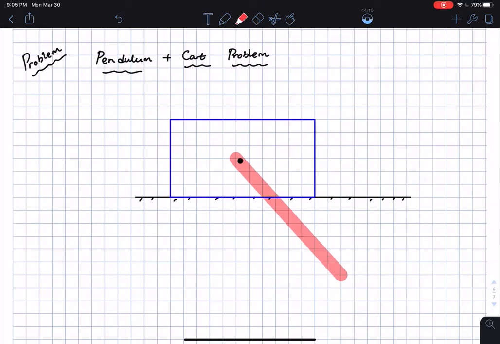Okay, so here is a pendulum and a cart. Now there is a wall here. Let's say that this is the vertical wall, and the cart is attached to the vertical wall at the center of this cart, by means of a damping element.